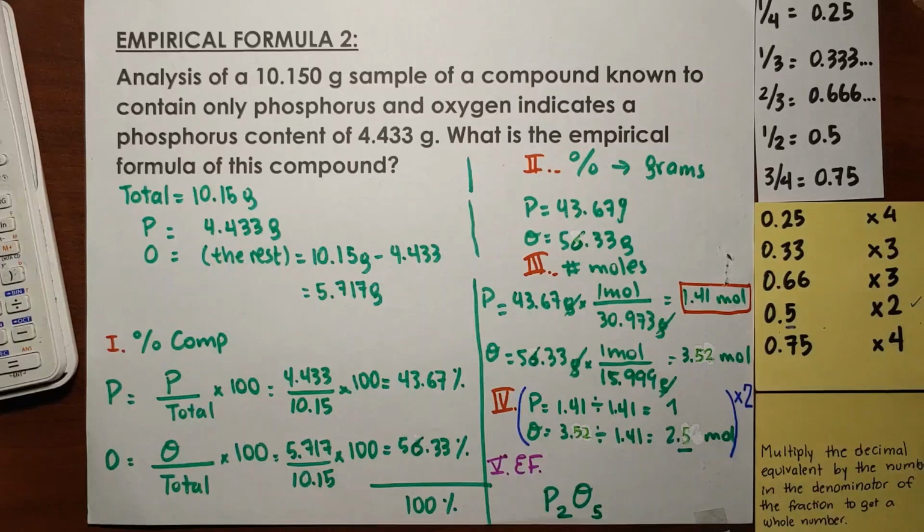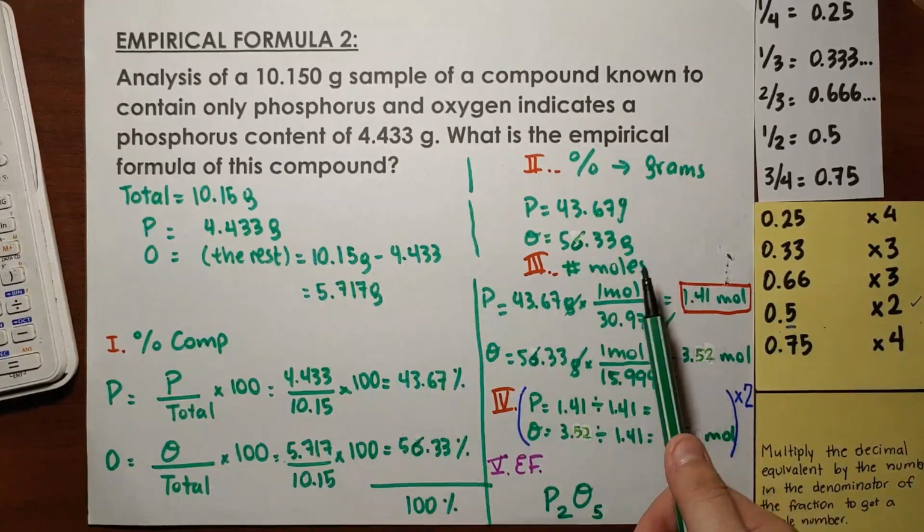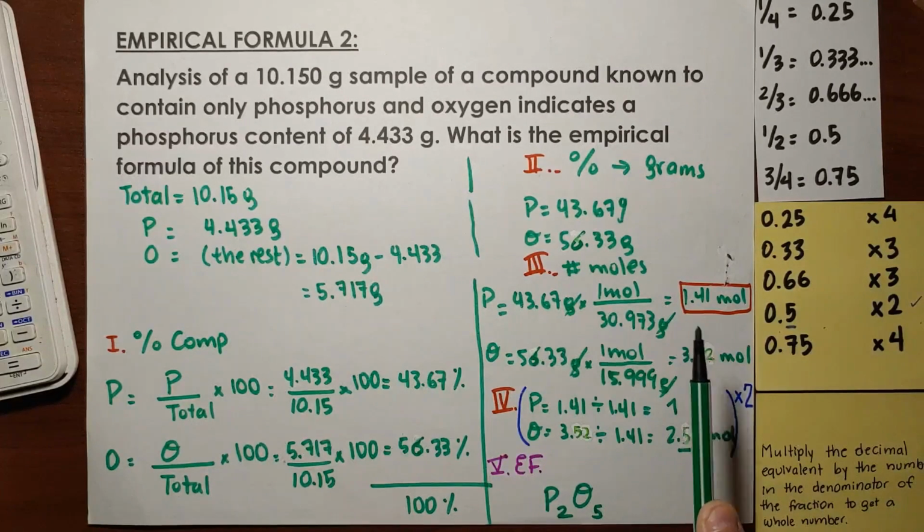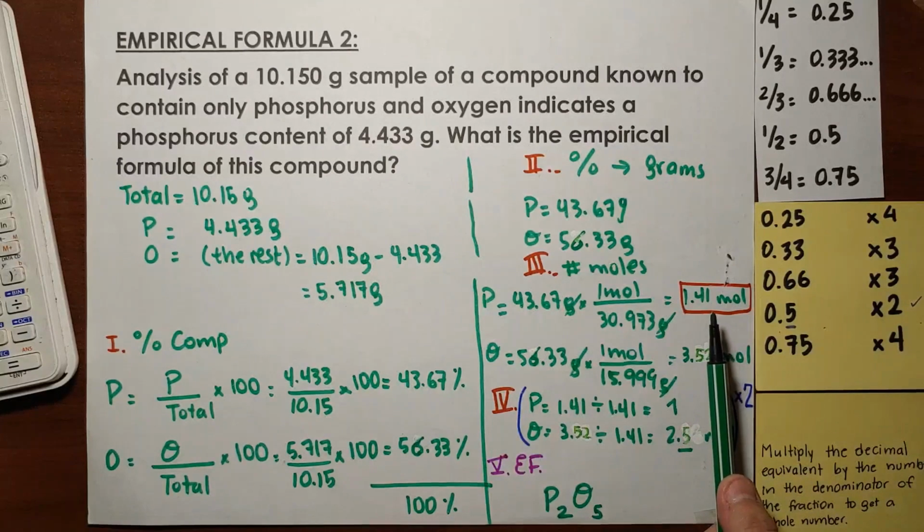As a review, in the case that you don't have the percentage composition and you have, for example, the grams, convert to get the percentage composition of it. From this, convert to grams. From this, divide by the molar mass to get the number of moles. Then you will divide by the least amount, that is 1.41 in this case.